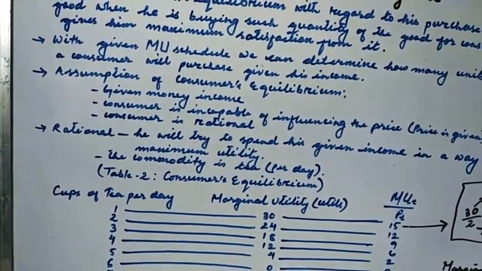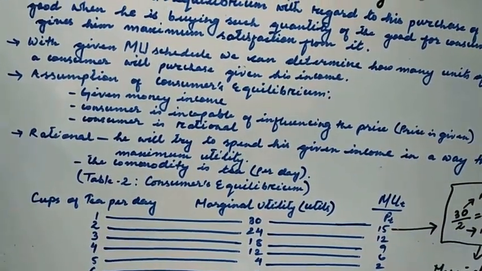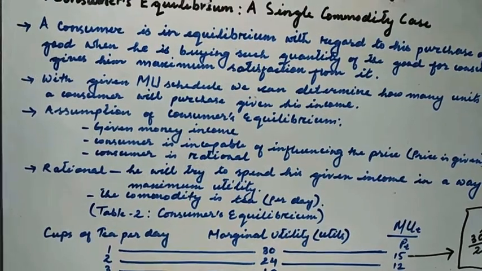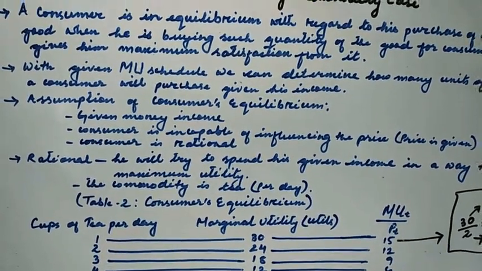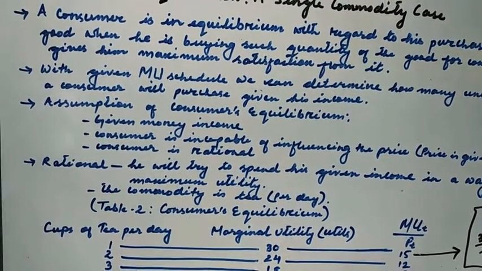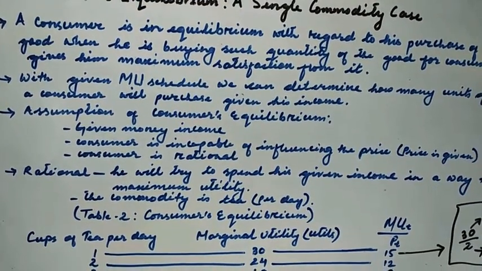To know the consumer's equilibrium, the first thing is to find out the marginal utility of a rupee obtained from consuming different cups of tea per day.